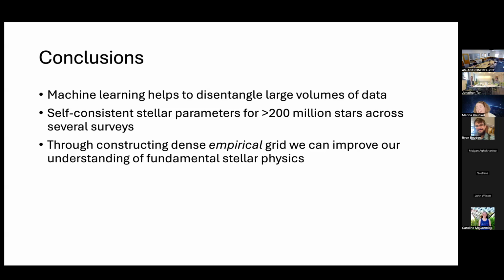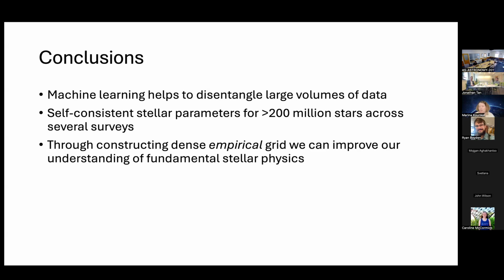Yeah, if the secondary is significantly fainter than the primary, you wouldn't necessarily have a significant concern, even with more traditional methods. It's primarily SB2s, where you have a strong signature from the other star in the spectra, that you really need to worry about. But again, there might be some systematics produced by them, but these systematics tend to be fairly minor. We do hope to be able to expand this approach to SB2s in the future.